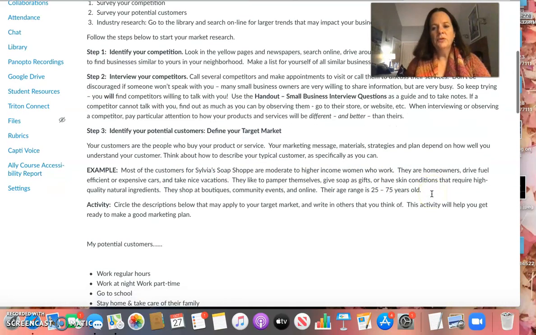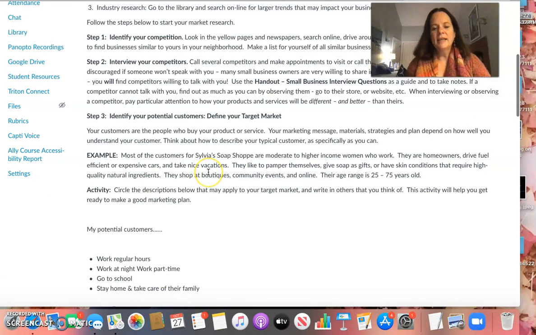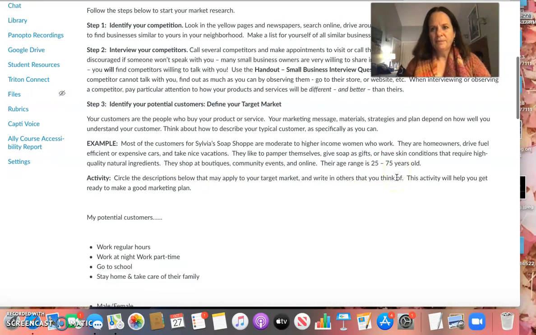They are homeowners, drive fuel-efficient or expensive cars, and take nice vacations. They like to pamper themselves, give soap as gifts, or have skin conditions that require high-quality natural ingredients. They shop at boutiques, community events, and online. Their age range is 25 to 75 years old.